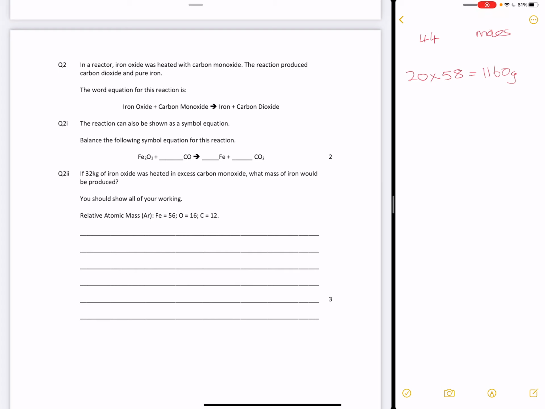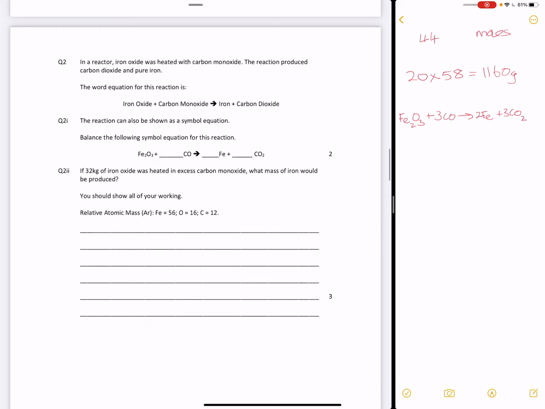Okay, what you should have is, if I try and do this as small as possible, so you've got Fe2O3 reacting with 3 moles of carbon monoxide to produce 2 moles of molten iron and 3 moles of carbon dioxide. That's what you should have got. It's worth 2 marks, this one.